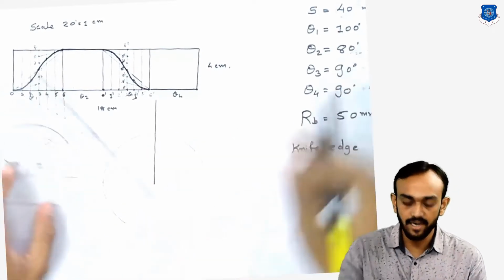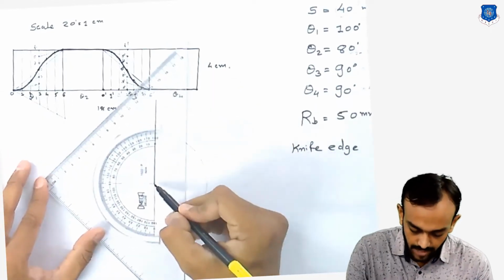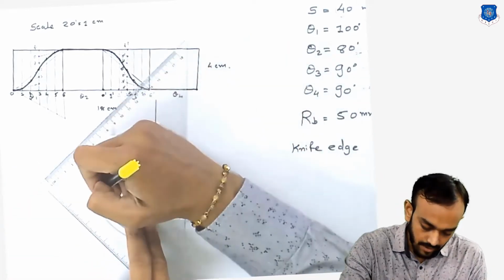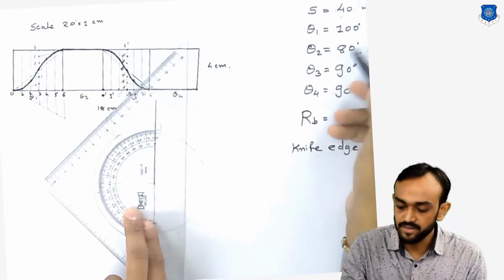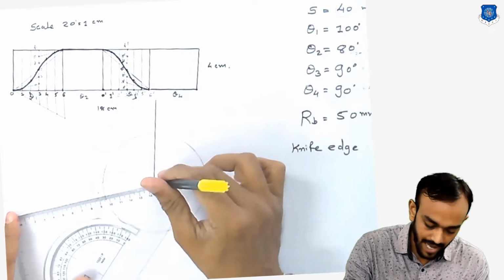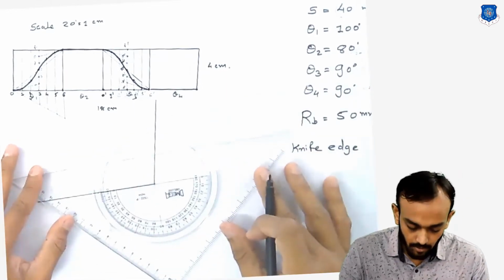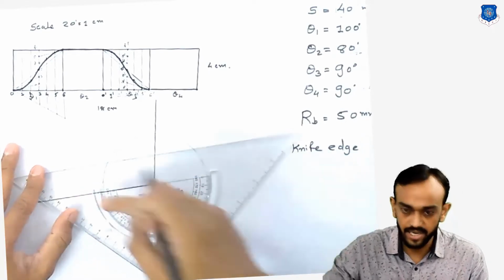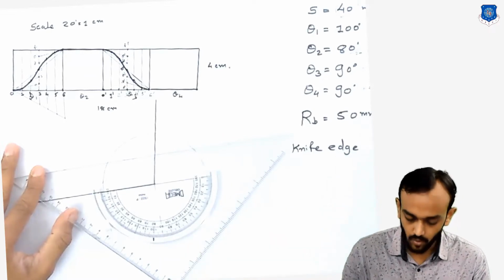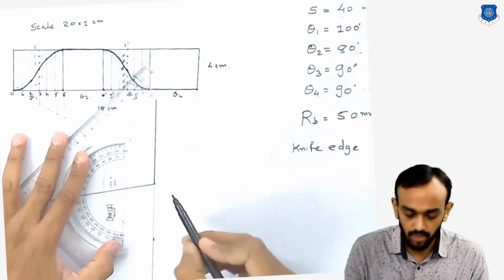So first angle is 100, so I will set my protractor here, and 0 line is here, and 100. So first part will be here 100, then second is 80. Okay, so I can make this line here like this, and measure the 80 degree again with respect to that. Or I can draw a vertical line directly, because 100 and 80 will be 180.